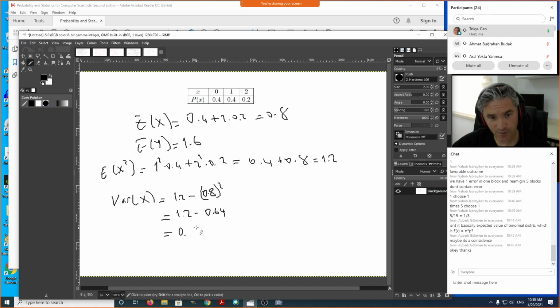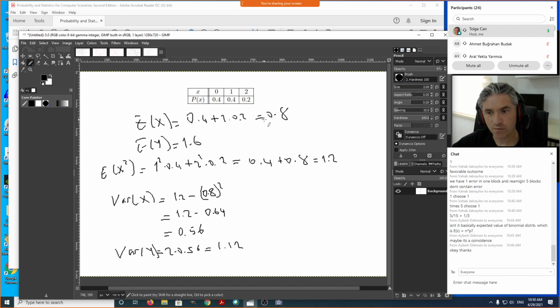So yeah, 0.56, and therefore the variance of y is going to be 2 times 0.56, which is 1.12. So this is how, I mean, if you just find the variance of the single entity, it's just going to be fine.